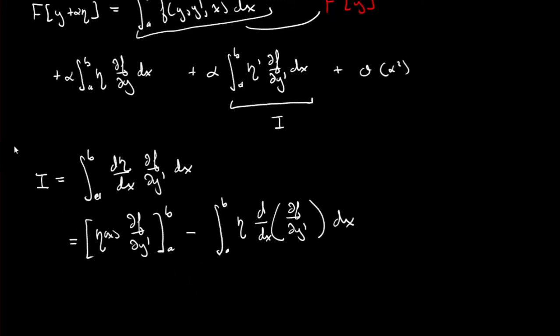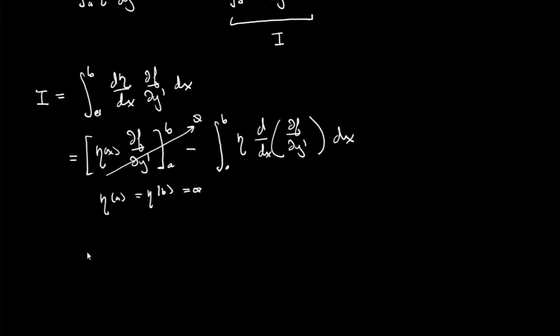We can make it yet simpler because look at this. Remember from before, we were quite careful to define eta so that eta of a is equal to eta of b is equal to 0. But eta's in this term that we're evaluating at the boundaries, but it vanishes at the boundaries. Therefore, this whole term just vanishes. We can ignore it.